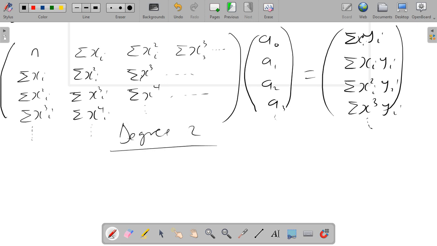now degree 2 will give you 3 unknowns, so we are using a 3 by 3 matrix. So I'm having n here, summation xi, summation x squared i. So we are going to complete the 3 here.